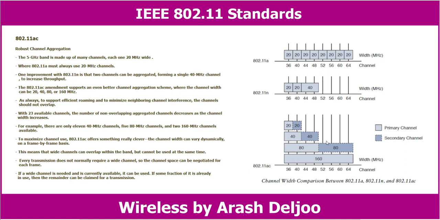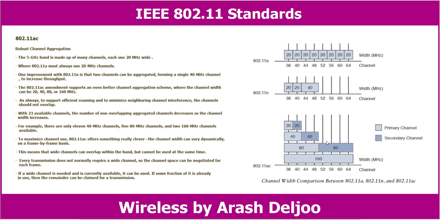As always, to support efficient roaming and to minimize neighboring channel interference, the channels should not overlap. With 23 available channels, the number of non-overlapping aggregated channels decreases as the channel width increases. For example, there are only 11 40 MHz channels, 5 80 MHz channels, and 2 160 MHz channels available.